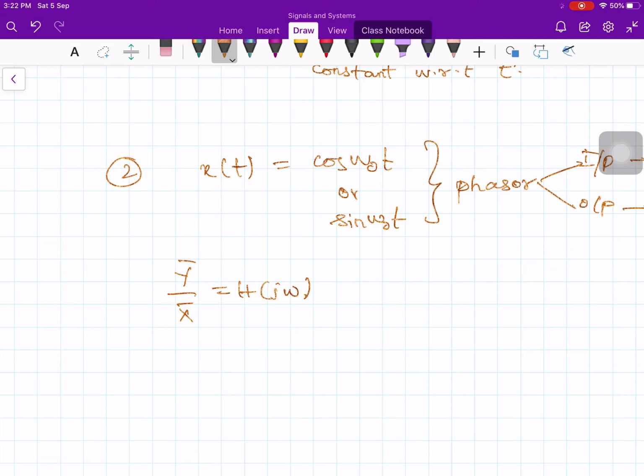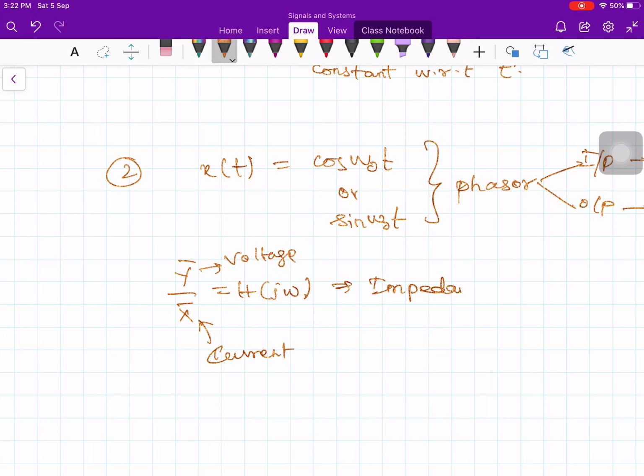As in the case of electrical networks, in case y bar is voltage and x bar is current, then what is your h of j omega? Voltage by current, that is impedance transfer function.